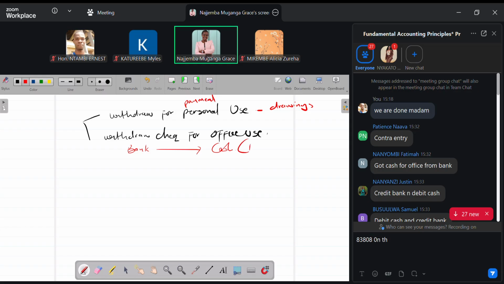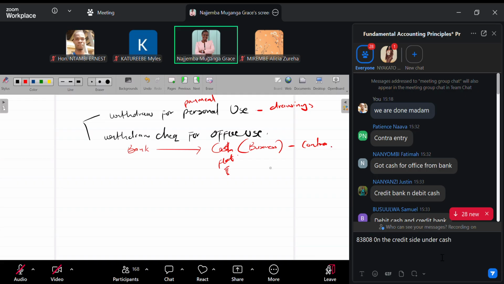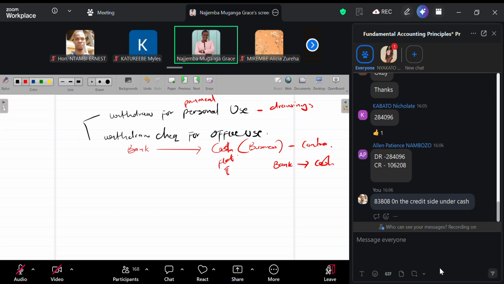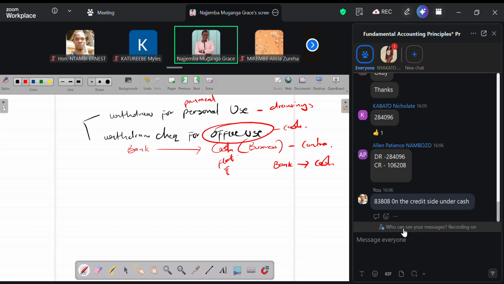You're using it in the business. So it's like you needed float, you needed money to run the business. That is why it becomes a contra. Because bank is giving to cash, office use. You're converting it from the bank to physical cash. Is it clear, sir?